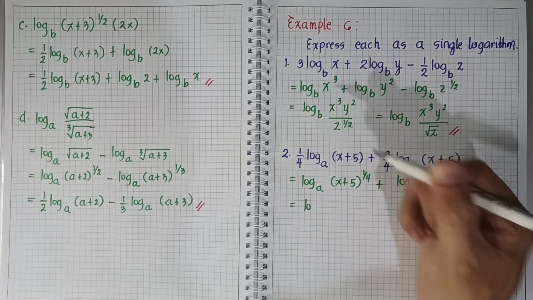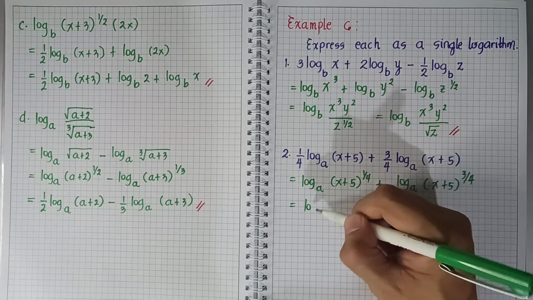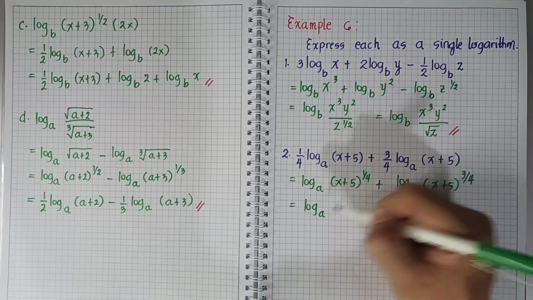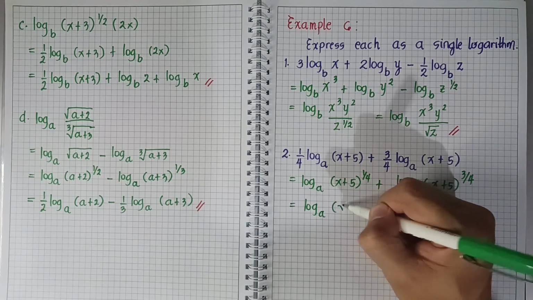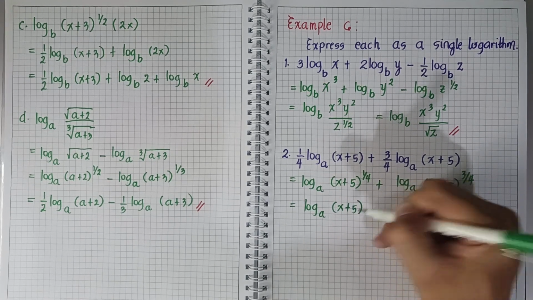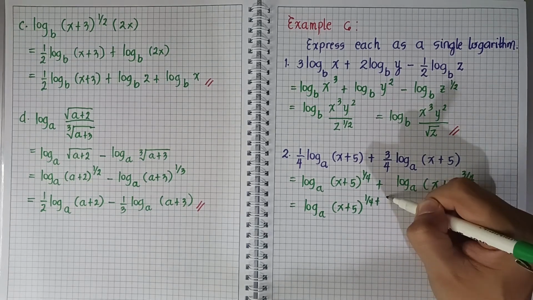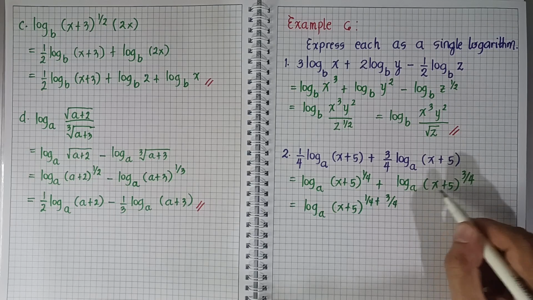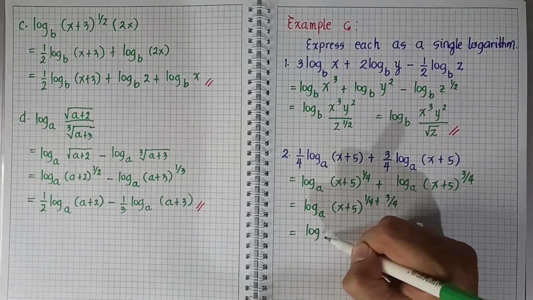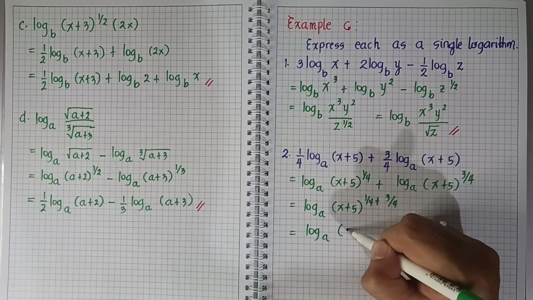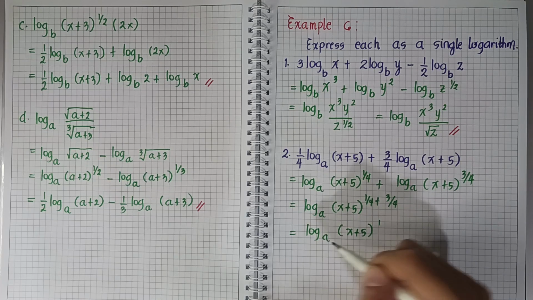We apply that because we are writing or expressing it as a single logarithm. So, this becomes x plus 5 raised to 1/4 plus 3/4, right? Because they are the same, guys. Okay, so this becomes the logarithm of the quantity x plus 5 raised to 1 to the base a.